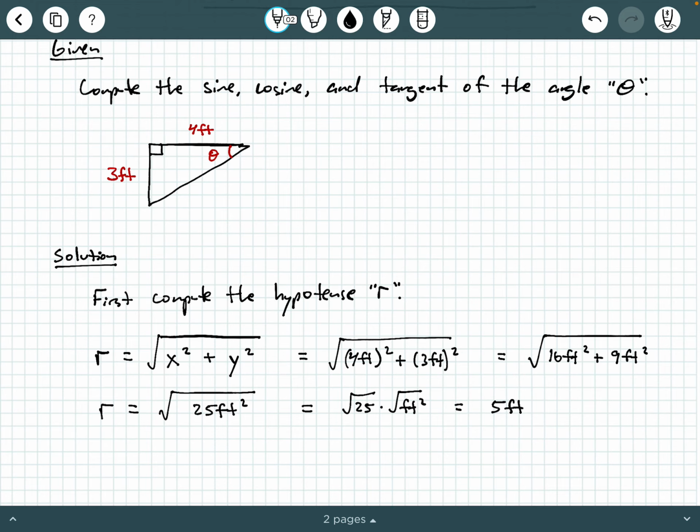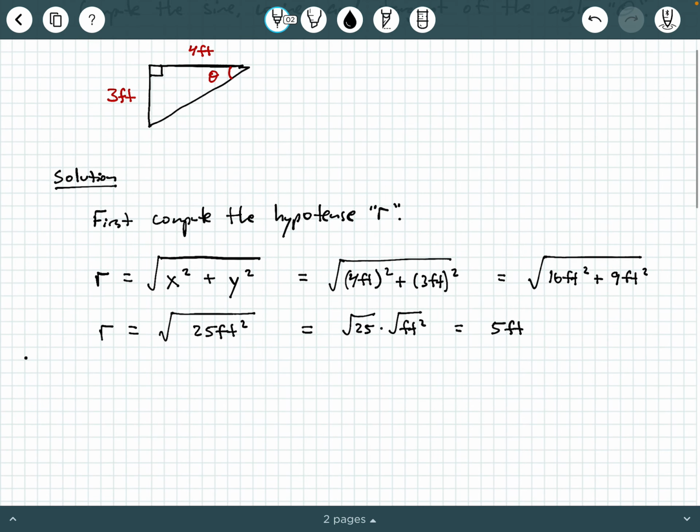You can see that this is a 3-4-5 triangle by the Pythagorean theorem. So now that we have the hypotenuse r, we're ready to actually compute what the problem told us to compute, which was the sine, cosine, and tangent of that angle theta. So let's do this one at a time, one piece at a time.